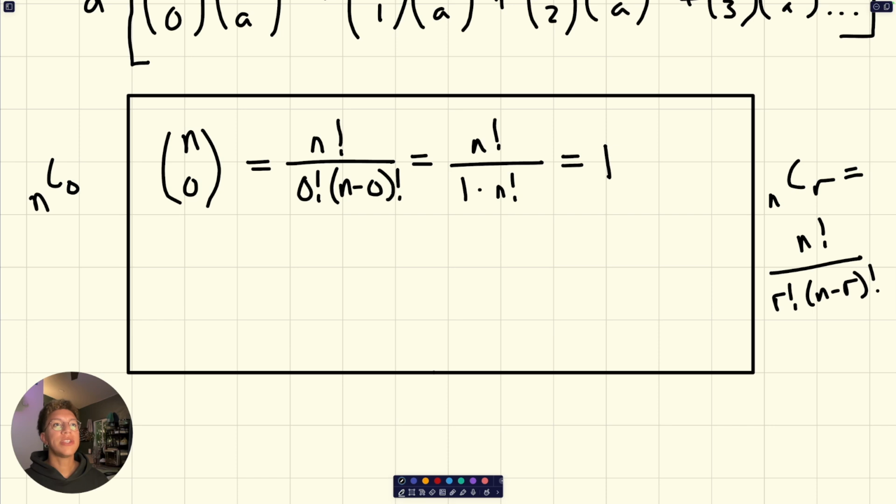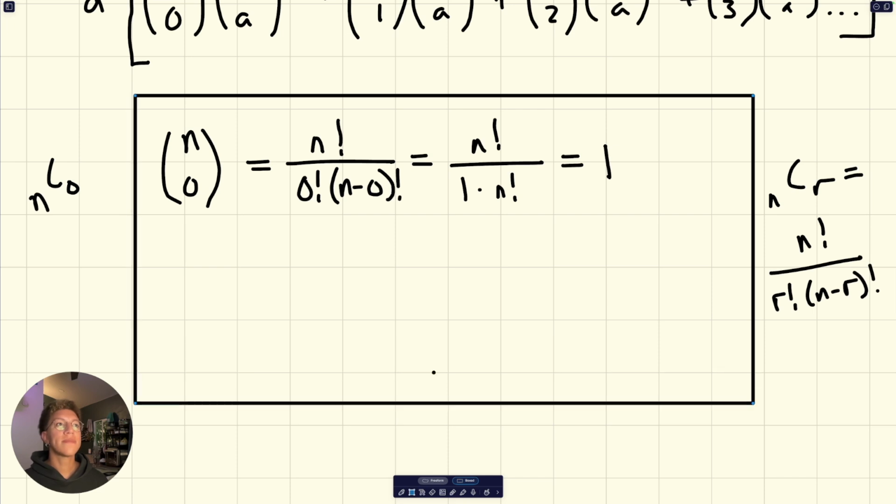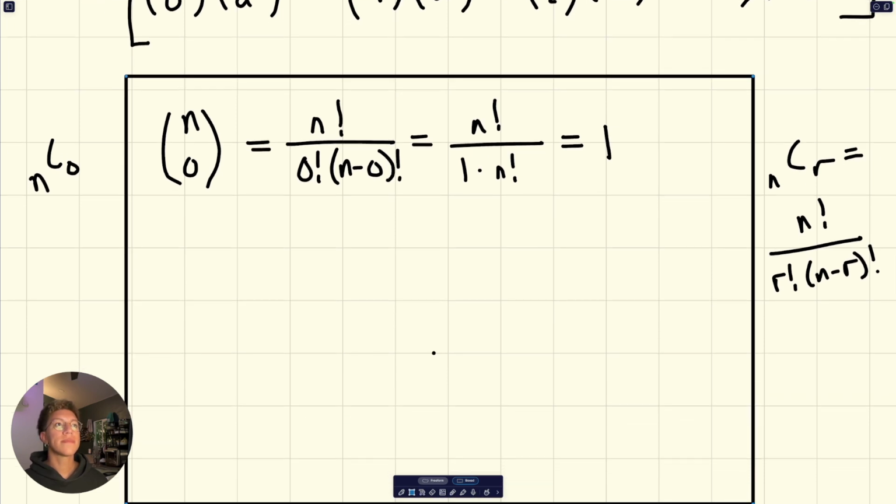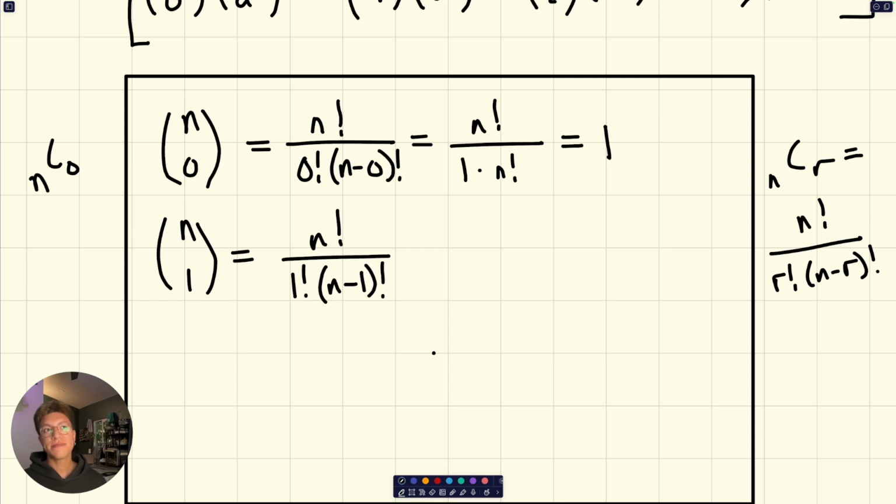What about n choose 1? What do we think n choose 1 would be equal to? Yeah, we're going to follow that same process. So here we do n choose 1. We're going to get n factorial over, again, our r is now 1, so 1 factorial, then n minus 1 factorial.